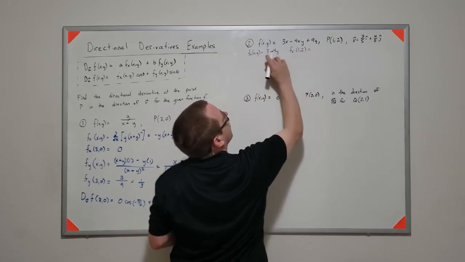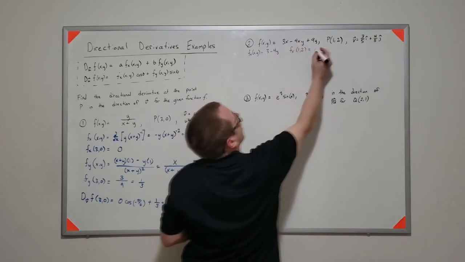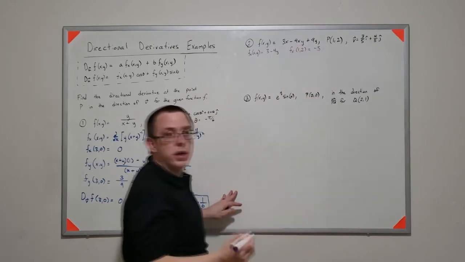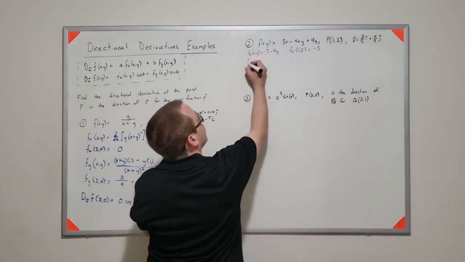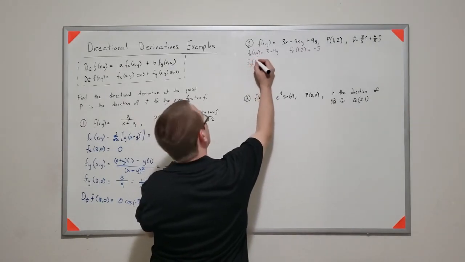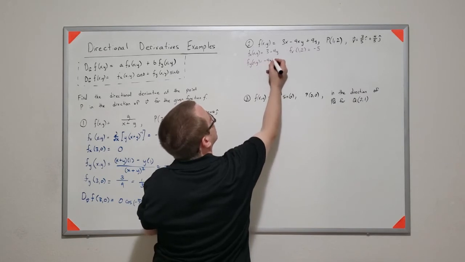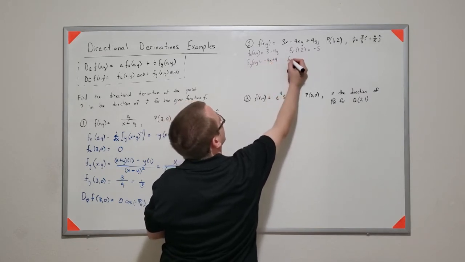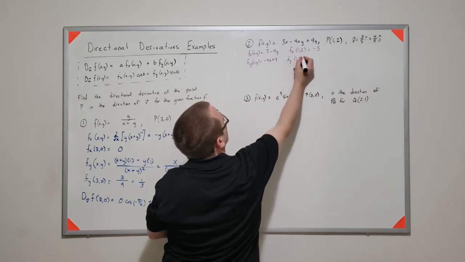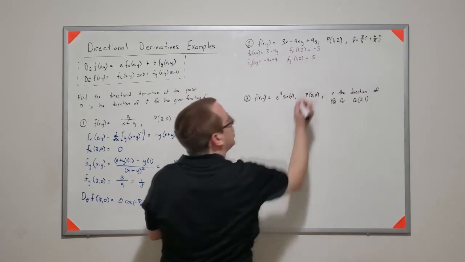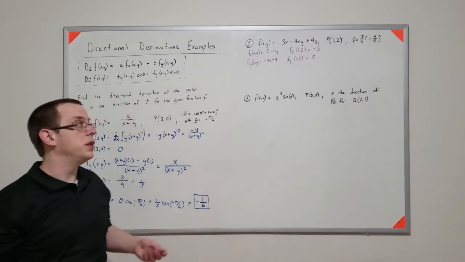And the partial at that point is 3 minus 8, so we end up with negative 5. The partial with respect to y is negative 4x plus 9. Plugging in gets us a positive 5.